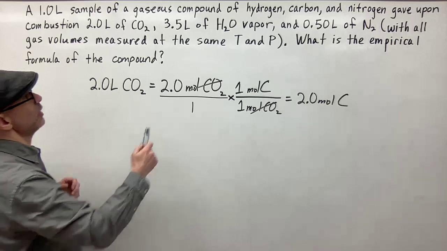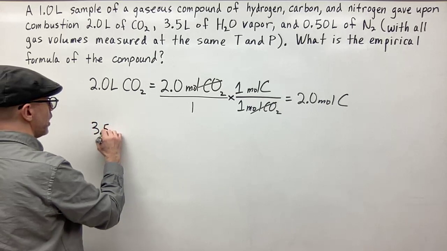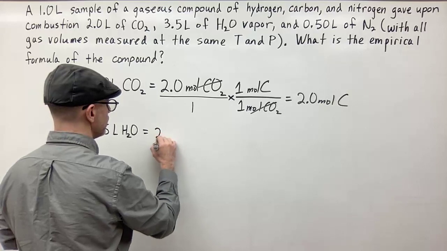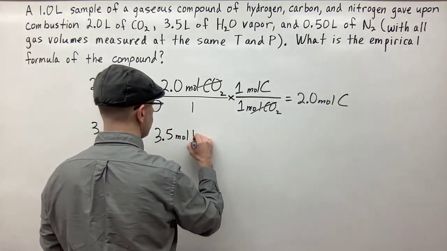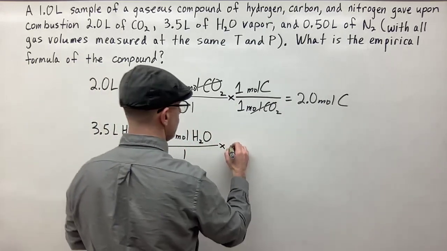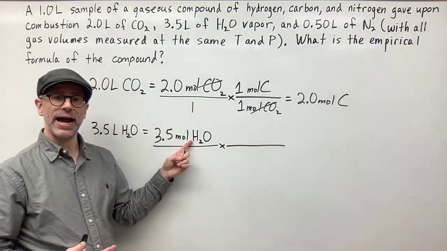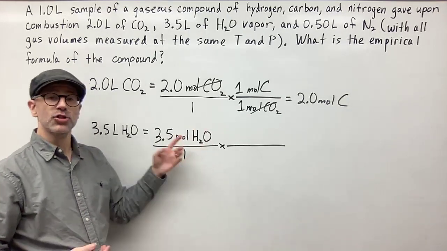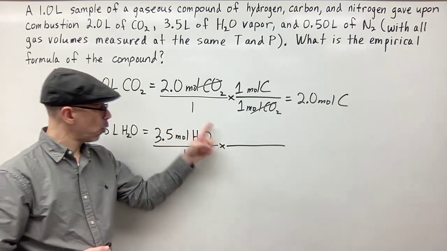And I do the same thing for water vapor. So 3.5 liters of water vapor, we can treat that as 3.5 moles of water vapor. Put that over 1. And notice that all the hydrogen in our compound ended up in the water. So we're going to convert moles of water to moles of hydrogen, and it's a 1 to 2 ratio.